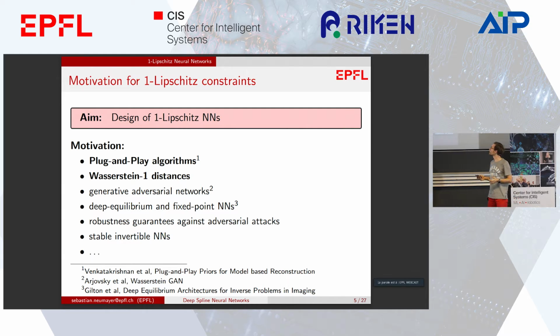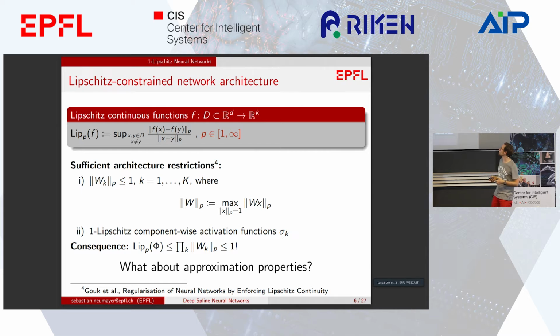At first glance, this looks quite nice. The Lipschitz constant is easy to define. But if we think back on the previous slide about continuous piecewise linear functions, if we want to compute its Lipschitz constant exactly, then in general we need to know the slope on each of the affine regions.